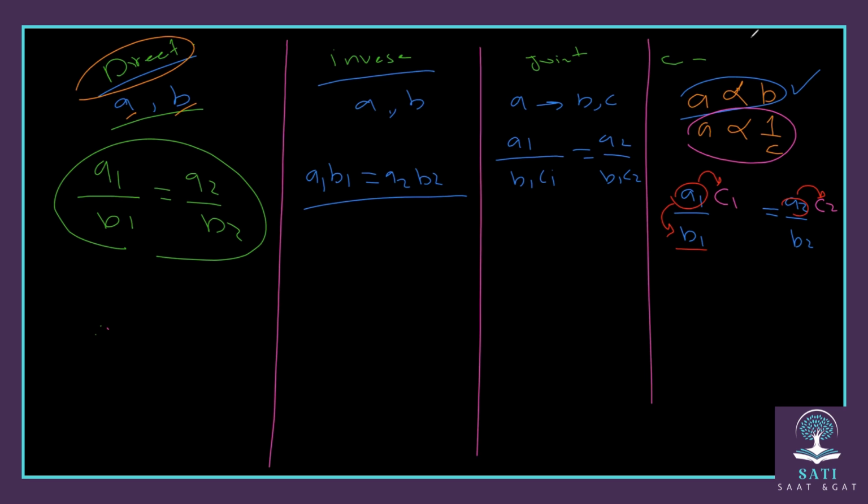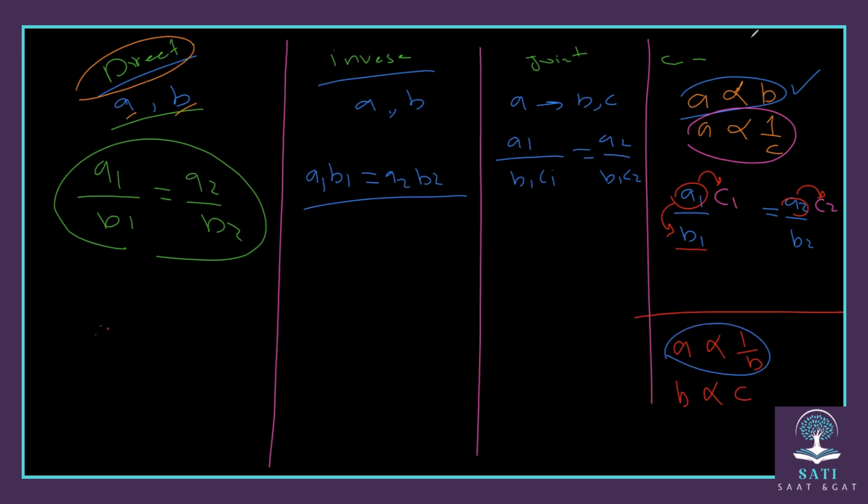Even if you have three variables, another example: if I tell you A is inversely proportional with B, and B is directly proportional with C, how can you write this equation? Okay, you go to the first step.